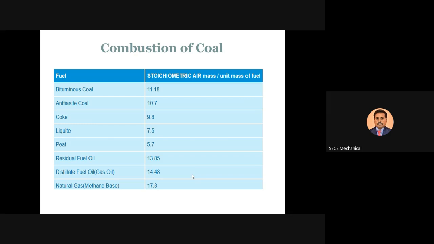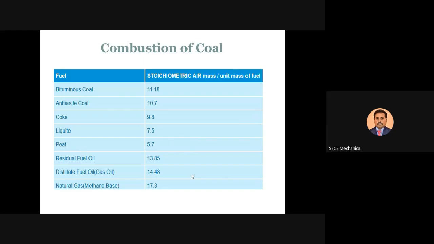What is stoichiometric air? You will see the different types of fuel. If it is bituminous coal, 11.18 percent of air is required for complete combustion. If it is anthracite coal, 10.7 stoichiometric air.